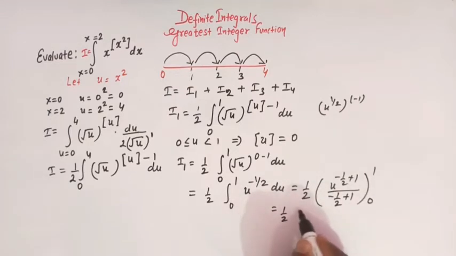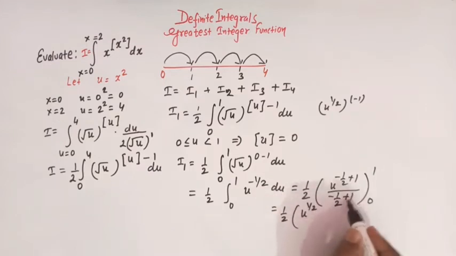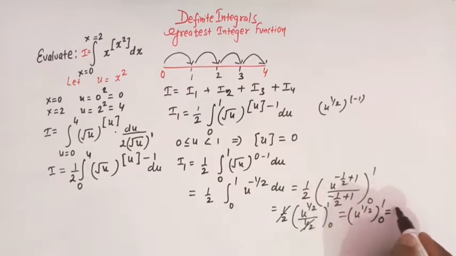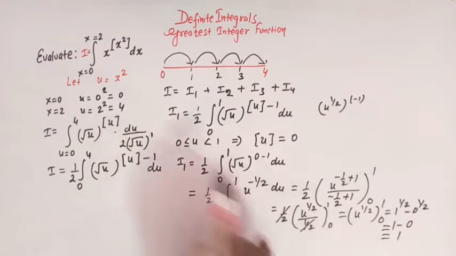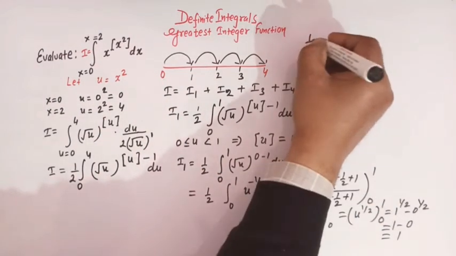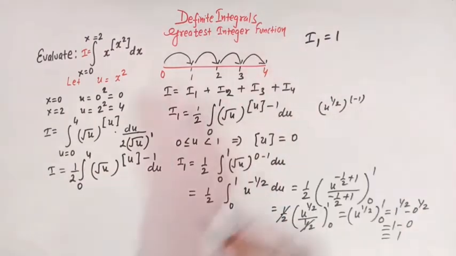So we have half times 2 times u raised to half, and half and 2 get cancelled, so we have u raised to half with limits from 0 to 1, that is 1 raised to half minus 0 raised to half, that is 1 minus 0, that is 1. So the value of this integral I1 is equal to 1.